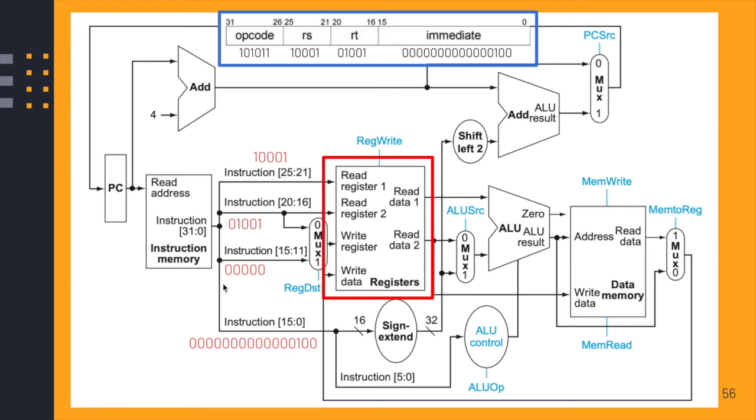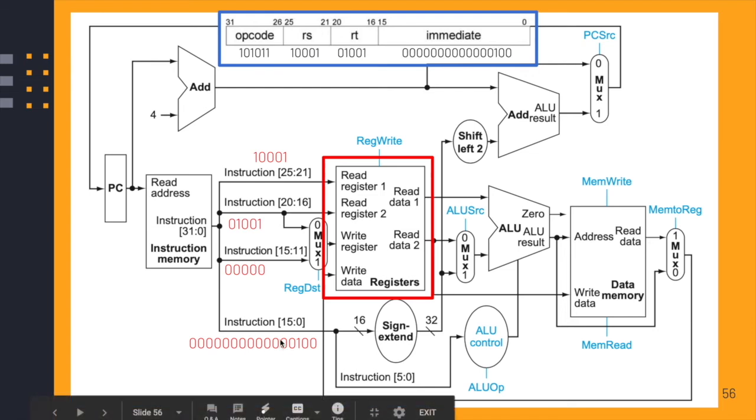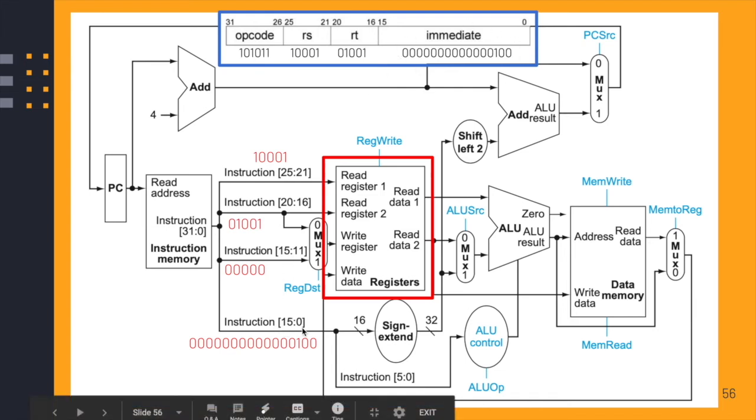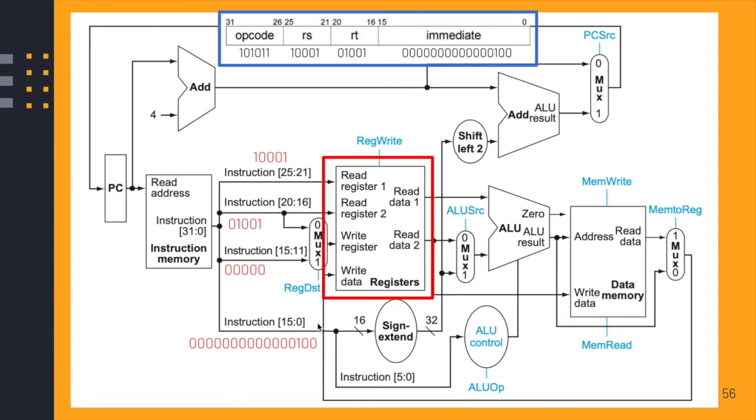This value will have no importance. It is useless. It will not be used throughout the data path. And finally, we have here instruction bits 0 to 15, which contain our immediate or our offset value, which is 4. This is the first step of the instruction decode.